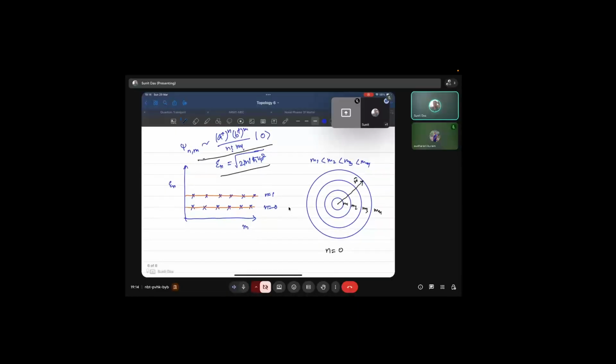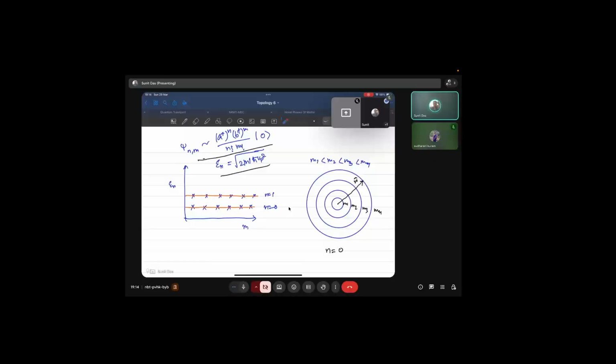For n equal to 0, for some m, your wave function peaks around the origin, and then as you increase m, the wave function peak goes farther away from the origin, so radially it increases. Then you increase m to m2, to m3, again it goes away from the origin, and this keeps happening, right?